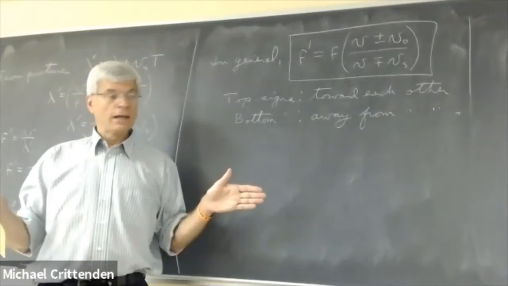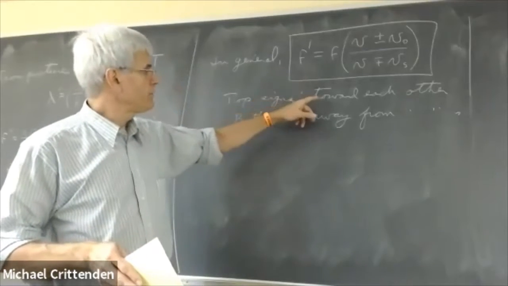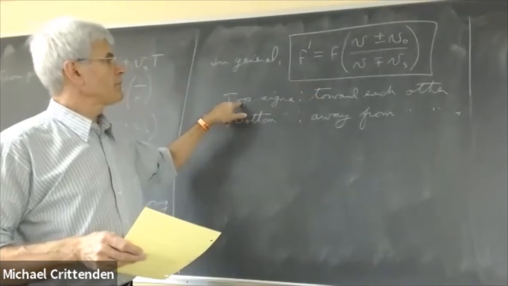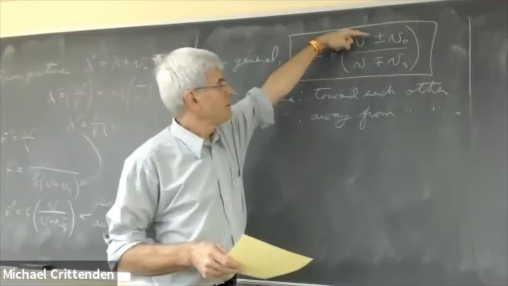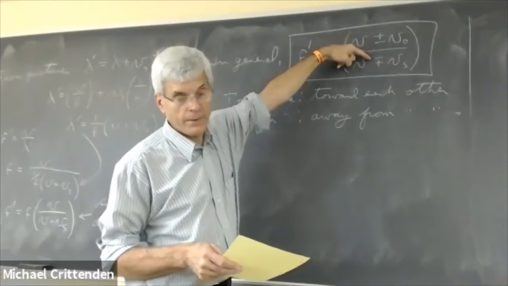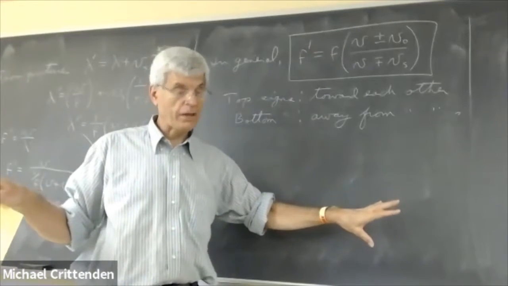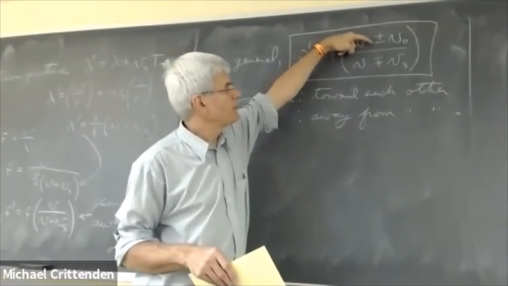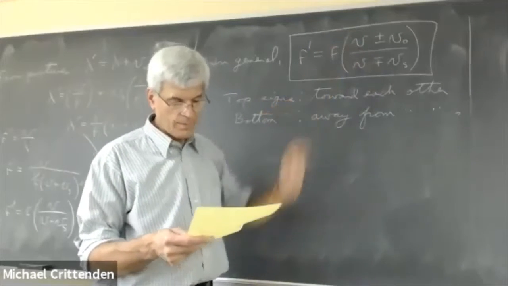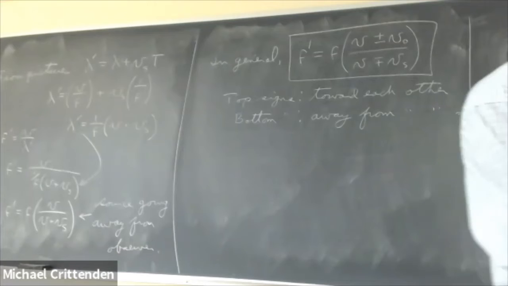Whatever's going on, if it's bringing them closer together, you use the signs that are on top. If the source and the observer are moving toward each other, you want a plus here and a minus there. If whatever's going on takes the source and the observer further apart, they're going away from each other, then you go with the signs on the bottom, minus and plus. So that's what all of that's supposed to mean. And we have an example.